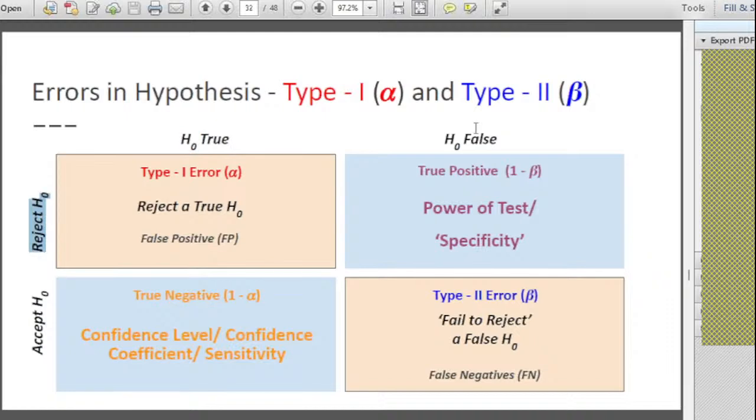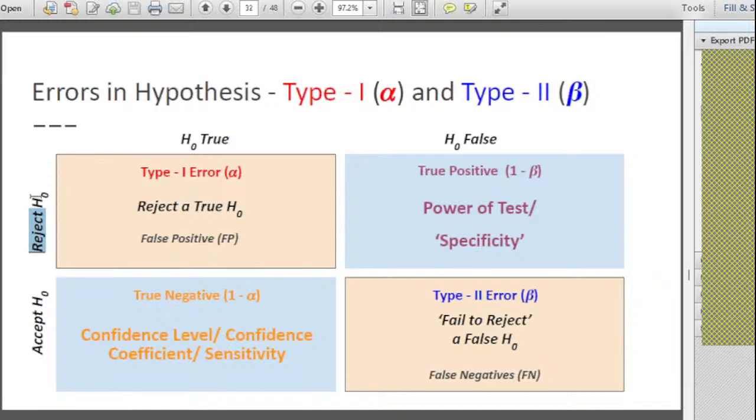The sample that I collected was not indicating that the male weight remains same. It indicated that the male weight reduced. So in that case, I will reject null.